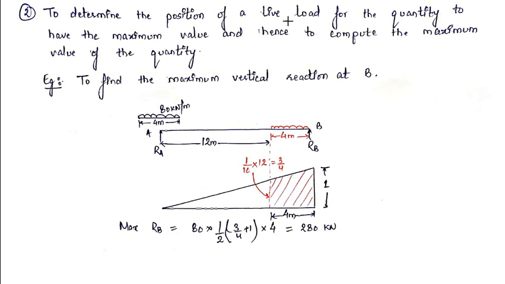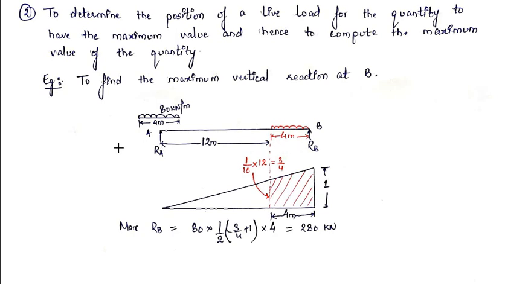See, this point means that suppose we have to find out what will be the maximum value of RB, and what will be the position of the load such that the value of RB is maximum, and what is the maximum value of RB for that position of load. Now let us try to understand this point with the help of an example. So suppose this is your simply supported beam AB of span 16 meters.